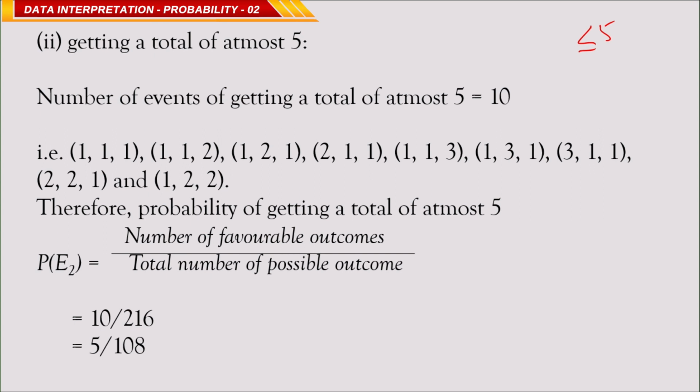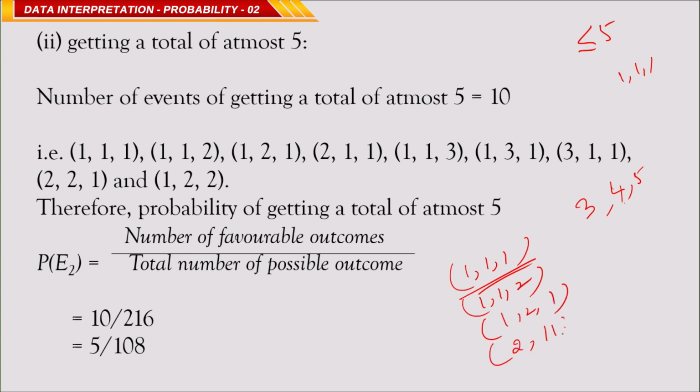For getting a total of at most 5, the minimum possible number is 3, next 4 and the next is 5. So 3, 4, 5. The possibility for 3 is 1 1 1, correct. Next, for 4 we have 1 1 2, 1 2 1, 2 1 1.